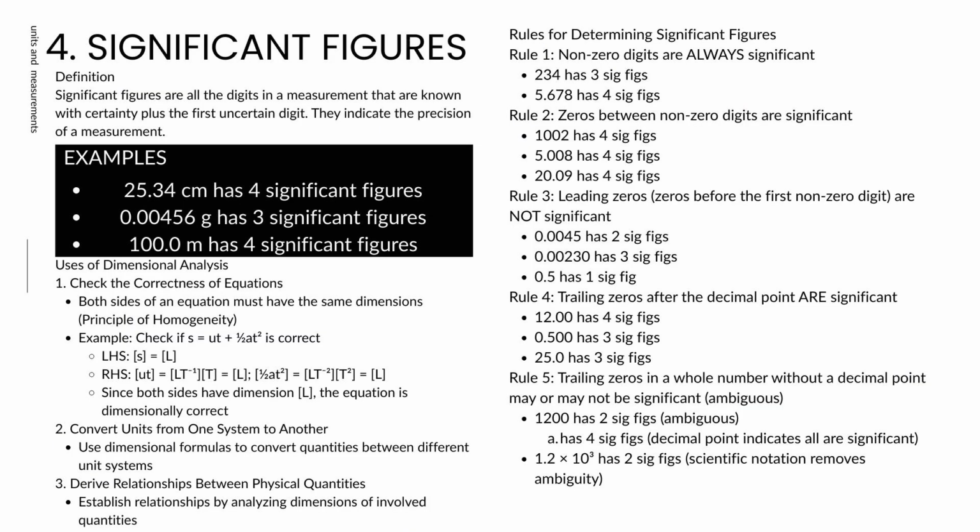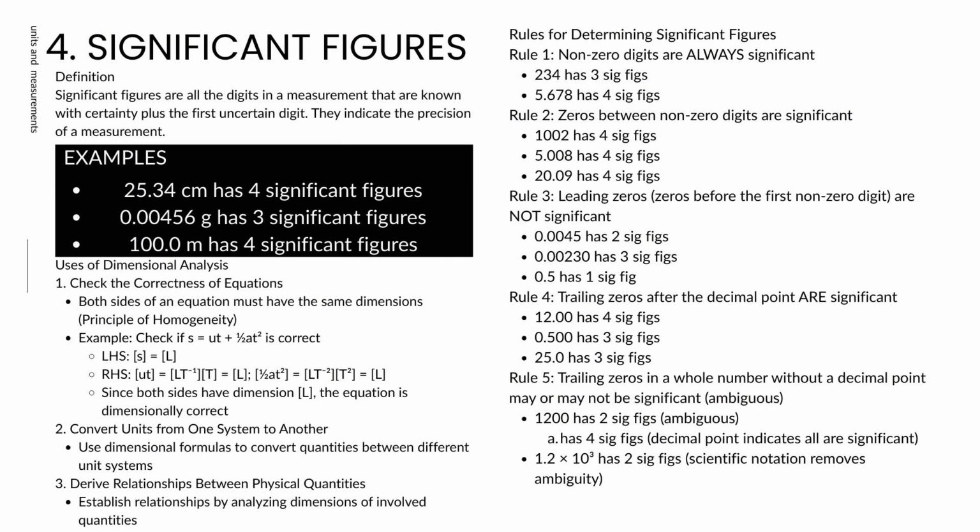That's basically it. Rule 4. Trailing zeros after the decimal point are significant. So any zeros after the decimal point are significant. And the reason for putting the zeros is to tell you the accuracy of the measuring instrument. So it is not just written for writing's sake, it's to tell you the accuracy of the measuring instrument.